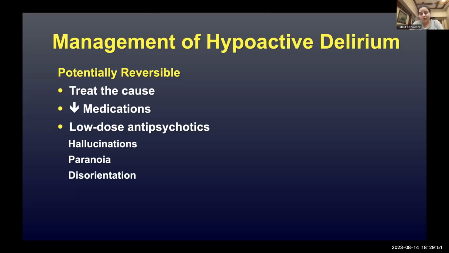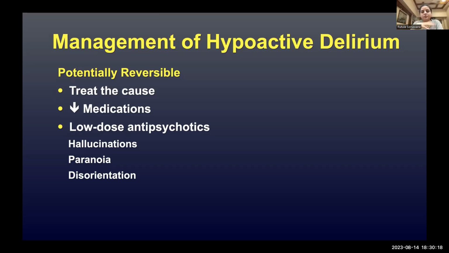If it is a reversible cause of delirium, then you need to treat the cause, manage the medications accordingly, lower the doses of certain medications or increase the doses of certain medications, whatever is required. Usually, I have seen hypoactive delirium in patients with hypercalcemia, because most of the time they are sleeping.